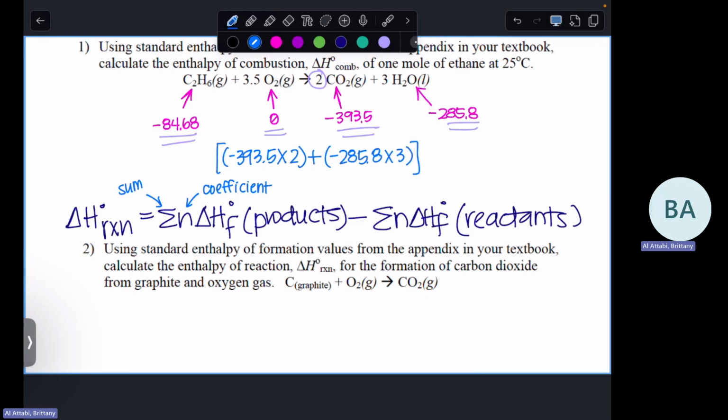So those are my products. Minus, and then I'm going to do the same thing for my reactants. Negative 84.68 times 1, because there's no number in front, plus 0 times 3.5.